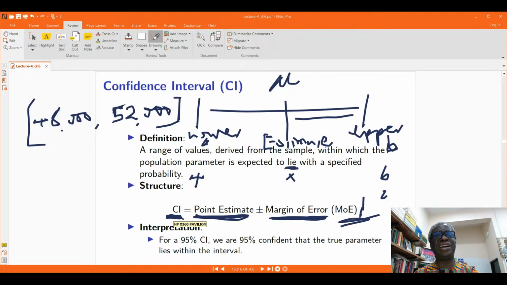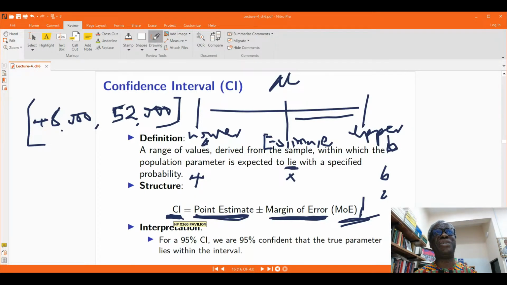Which one is better? Make your confidence interval narrower, or make your confidence interval wider? That's a question I leave to you, but we will answer it before the end. Which one will you prefer, a narrower confidence interval or a very wide confidence interval?